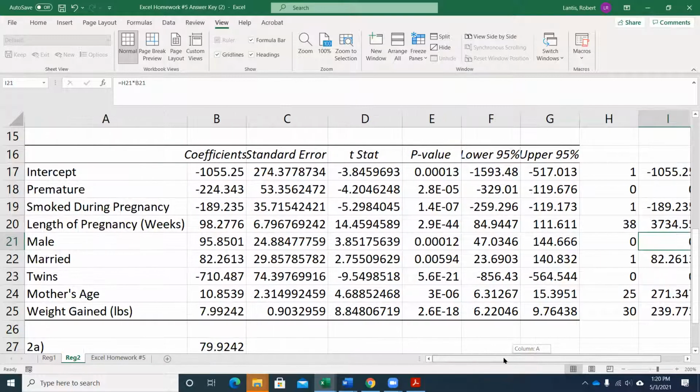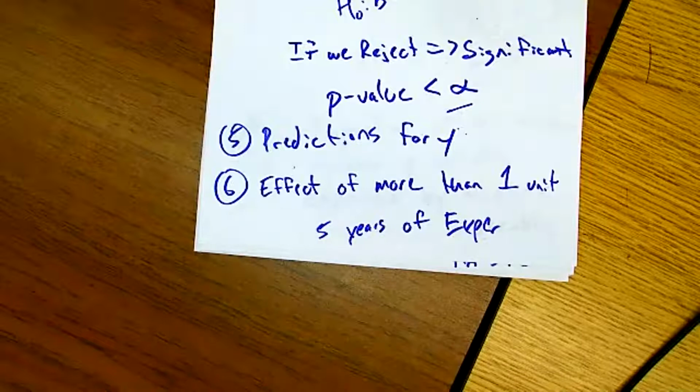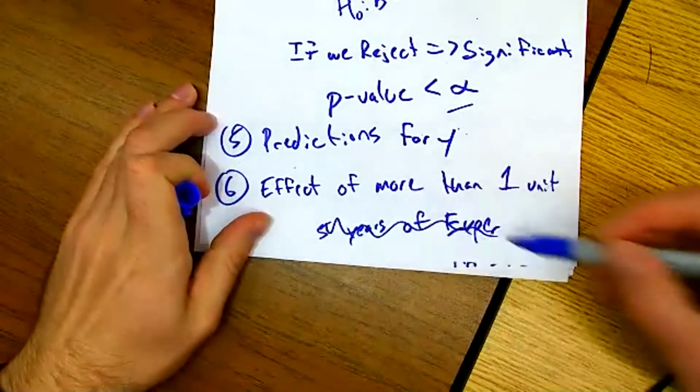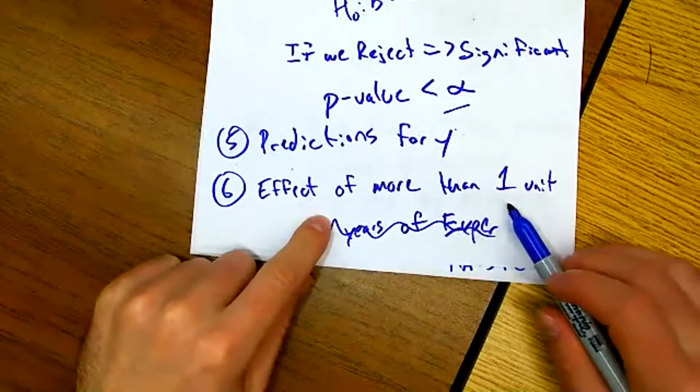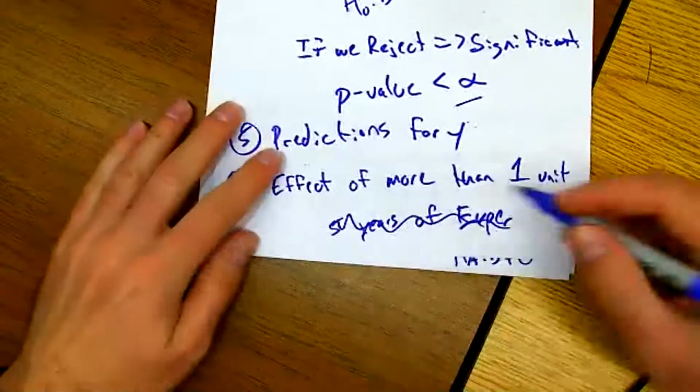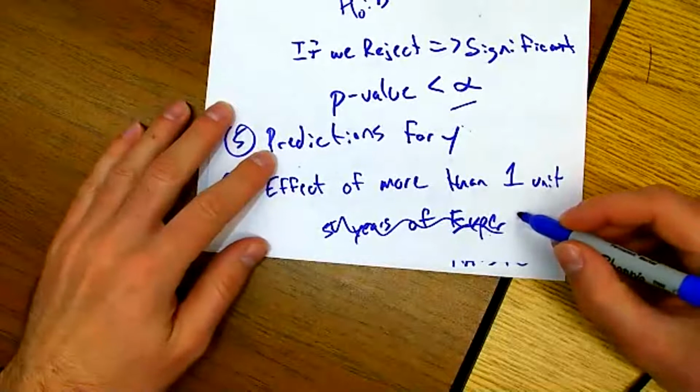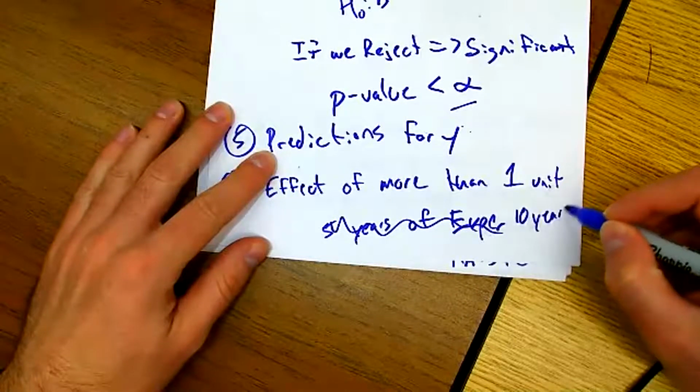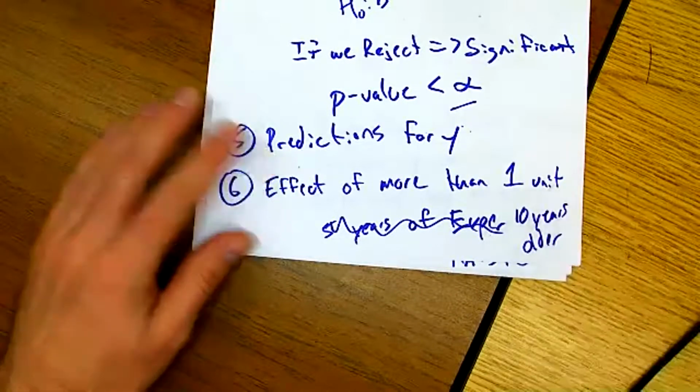Oh, and then I already mentioned the intercept, right? The other thing you could be asked to do is look at the effect of more than one unit. This doesn't apply to our example, but let's say I want to know the effect of being 10 years older on birth weights, okay?